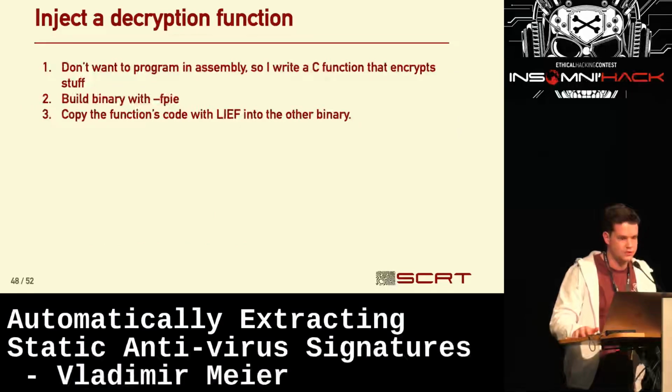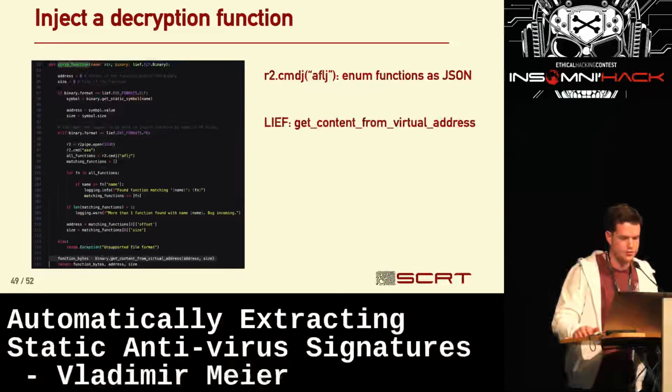Next, we said that we need a decryption function. And I'm also a lazy person, so I didn't want to write my decryption function in assembly, so I wrote it in C. And I built the binary with PIE so that the function is fully position independent. And then we can strip out the functions with LIEF. LIEF is a framework that is able to manipulate the executable file.